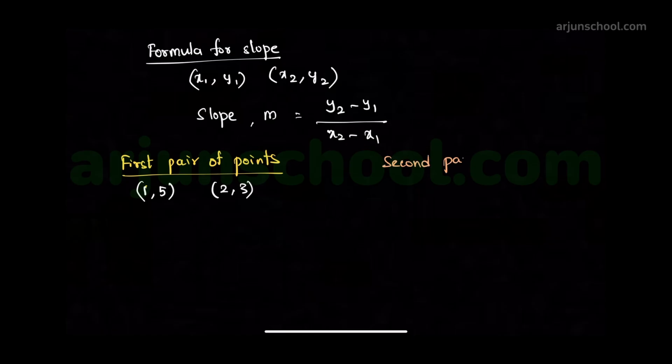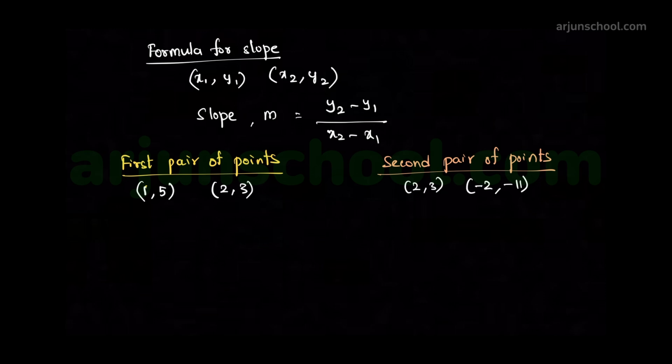And the second pair of points shall be (2, 3) and (-2, -11). First, let us find the slope for the points (1, 5) and (2, 3).